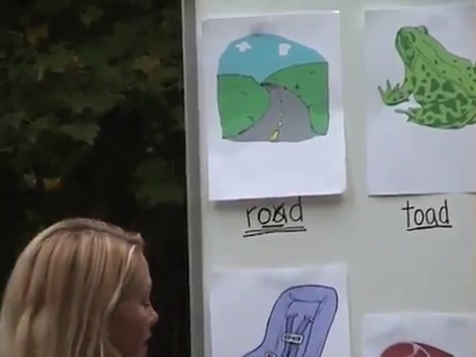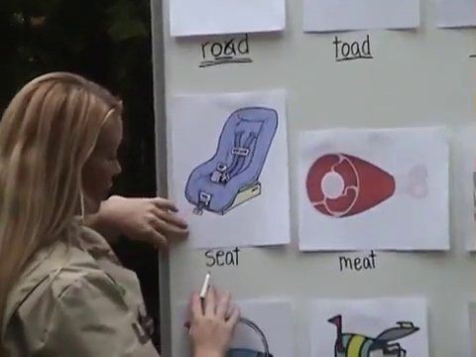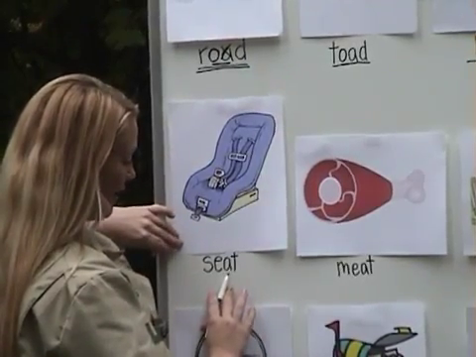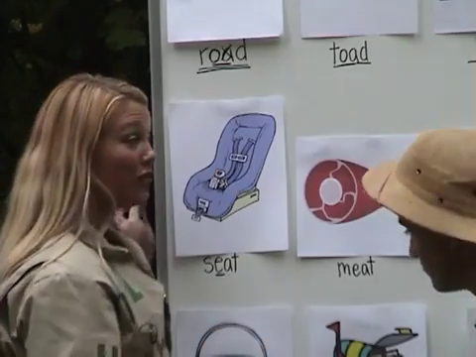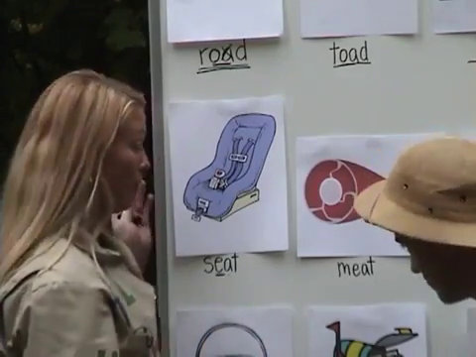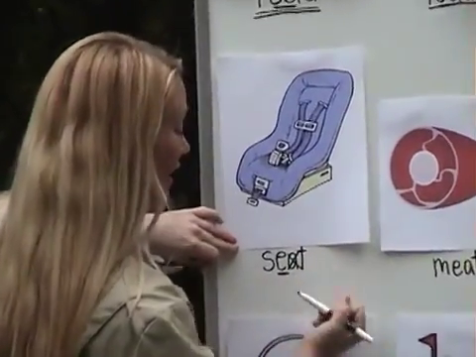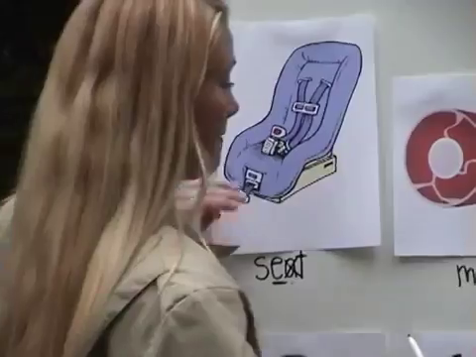I get it. Okay, now we have some more. Here is the word seat. When two vowels go walking, the first one, the E, does the talking with the long vowel sound. S-eat. The second vowel is silent. I get it. Next one.